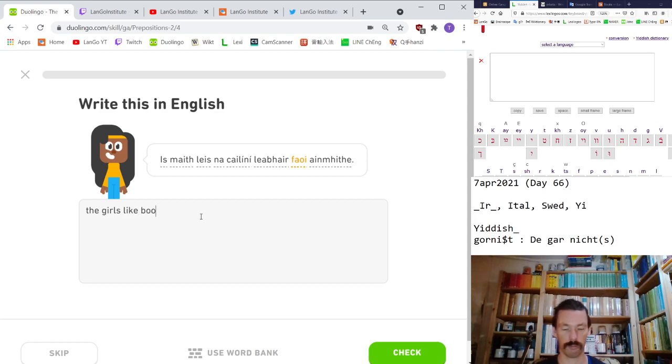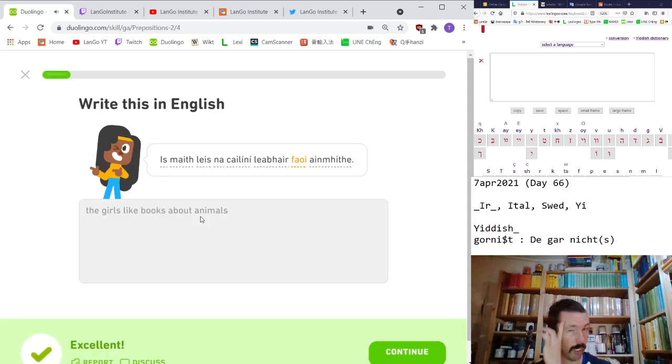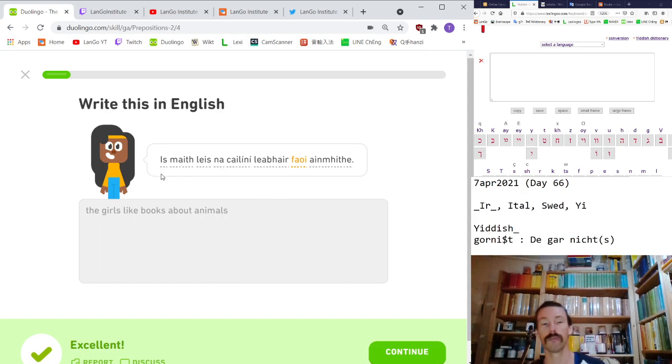Animals. In English, it's the object phrase, books about animals. I should rather call it the subject, just that it's... Oh, and it's final because it's an is construction. You'll always have the subject last, everything else in the middle. Is good with the girls, and then subject, books about animals.